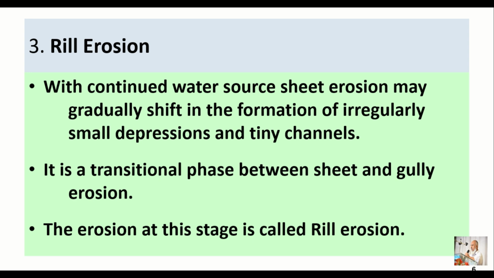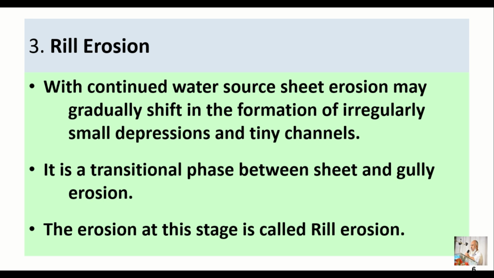Rill erosion. With continued water flow, sheet erosion may gradually change into the formation of irregularly small depressions and tiny channels. These tiny channels are known as rills.